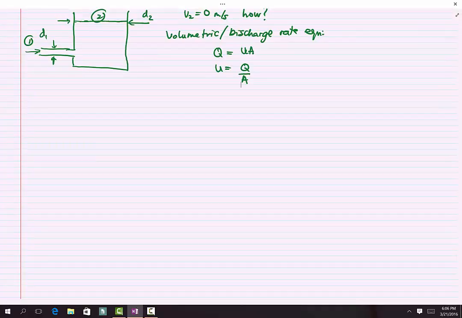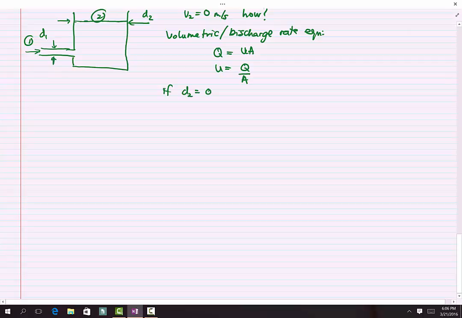Let's say the tank has a diameter of 0.1 meter, if D2 is equal to 0.1 meter. So D1 equal to 0.1 meter. What if D2 equal to 0.1 meter?